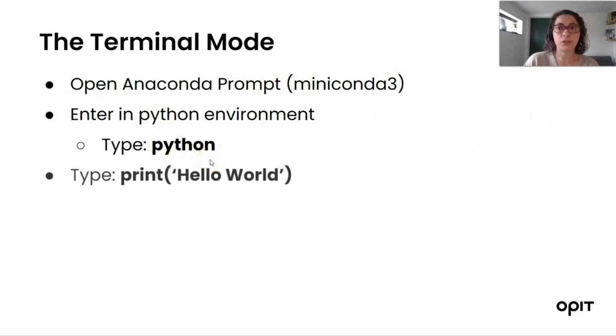Then you can just type your commands, statements, or expressions as they're usually referred to in Python. In our case, we type print hello world. Notice that I interchangeably use single quotes and double quotes for strings. As we will see next week, this is absolutely fine because both mean strings for Python.